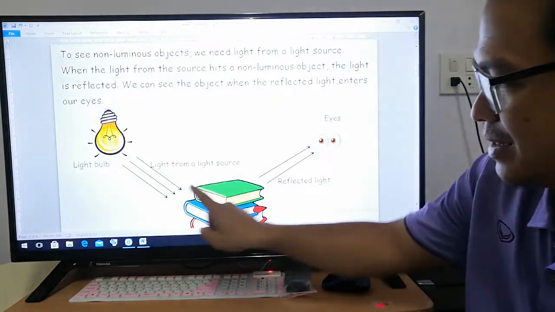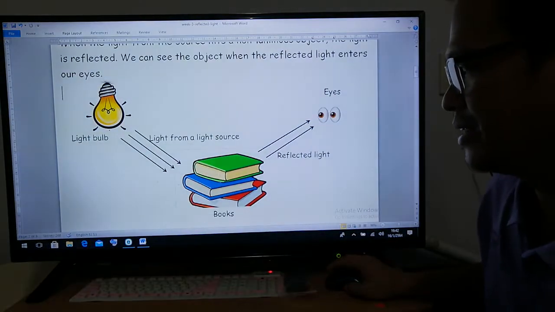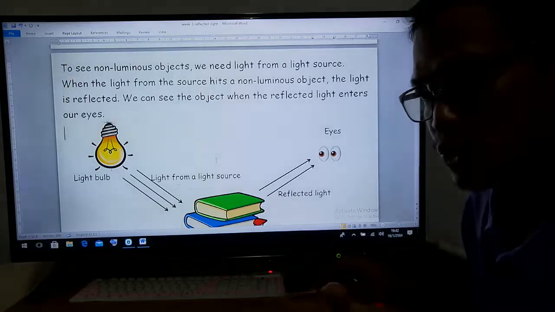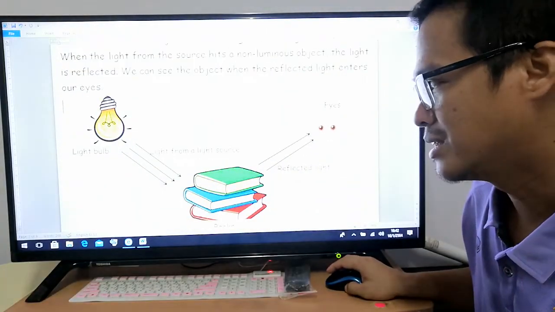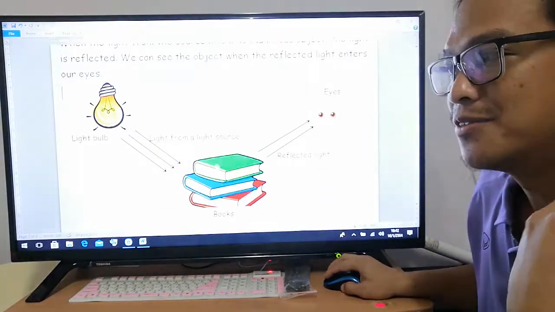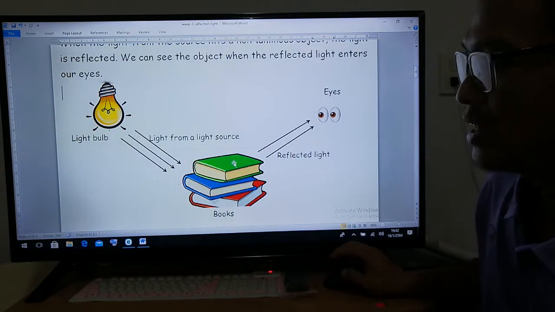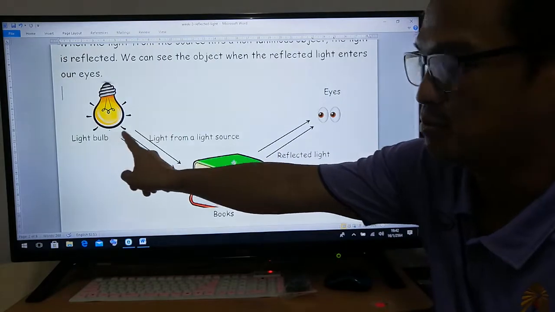These books are non-luminous objects, which means they don't have their own light. For us to see them, they need a light source, which will be this bulb.